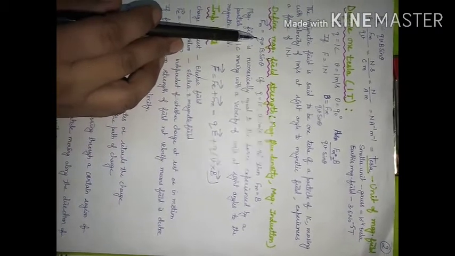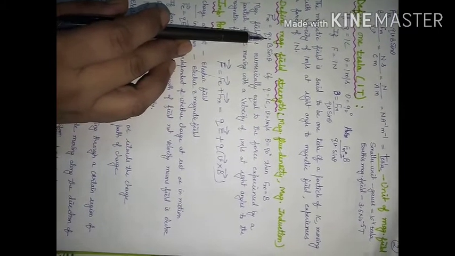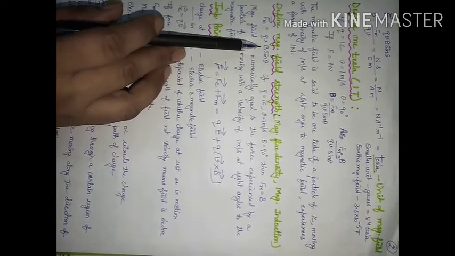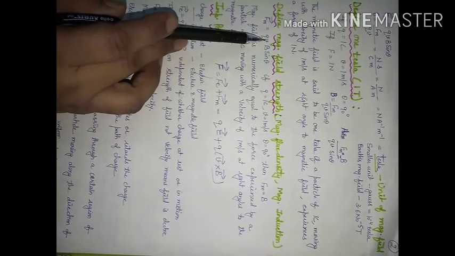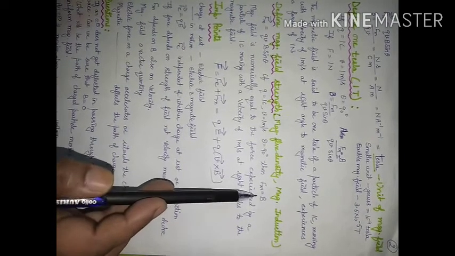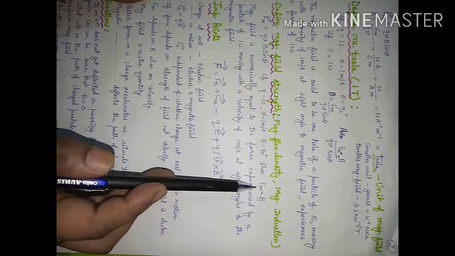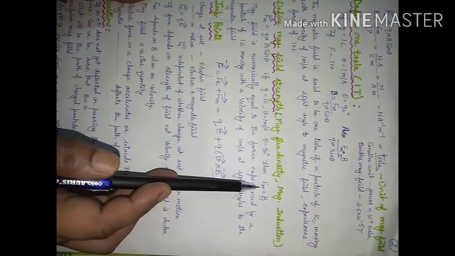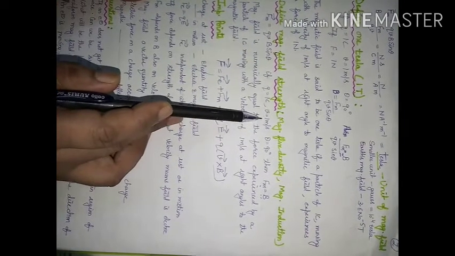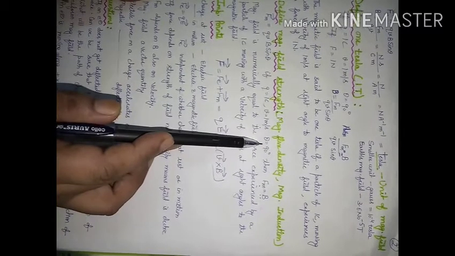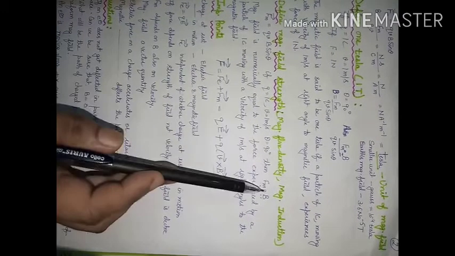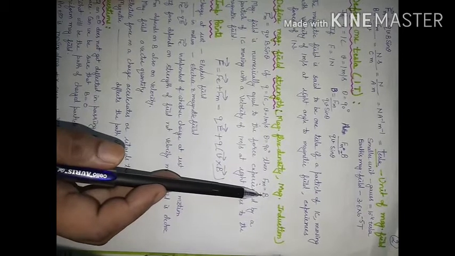If the value of charge is 1 coulomb and the charge is moving with velocity 1 meter per second at an angle of 90 degrees with the magnetic field, then in that case this factor will be 1, this will be 1, this will be 1, and Fm will be equal to B. It means this magnetic field is numerically equal to the force experienced by a particle with a charge of 1 coulomb, moving with velocity 1 meter per second in a direction perpendicular to the direction of the magnetic field.